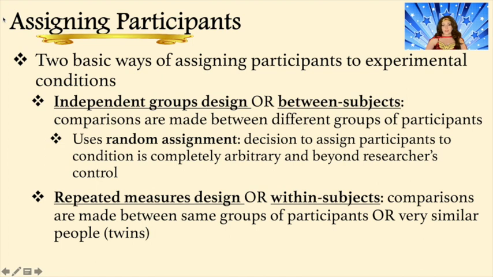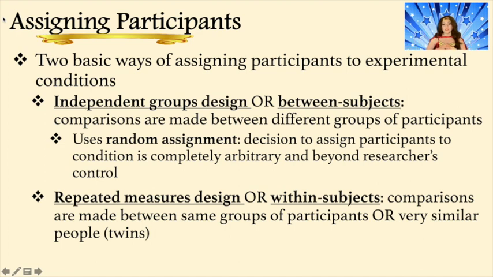And within subjects design, comparisons are made between the same group of participants over time. So for example, if you wanted to test the effects of exercise over a month's period of time, you would probably want to test it on the same people. So there are different research questions that lend themselves to different types of design and different types of participant assignment.